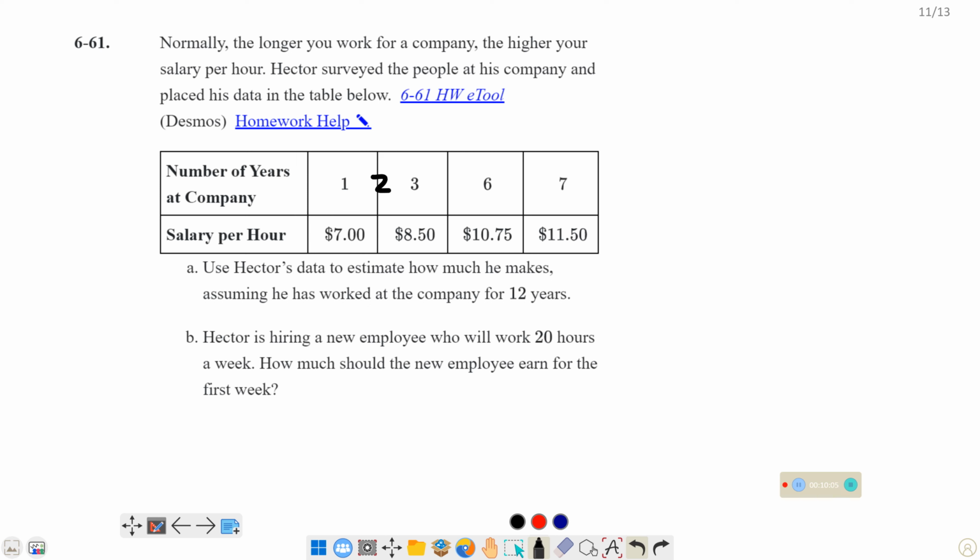I noticed that 2 is missing, so you got to be careful here. If you have worked for 3 years, you get $8.50. I noticed that 4 and 5 are missing. Here's one that is back-to-back, 6 to 7. This is helpful here because now that I have back-to-back numbers from 6 to 7, I can figure out the growth.